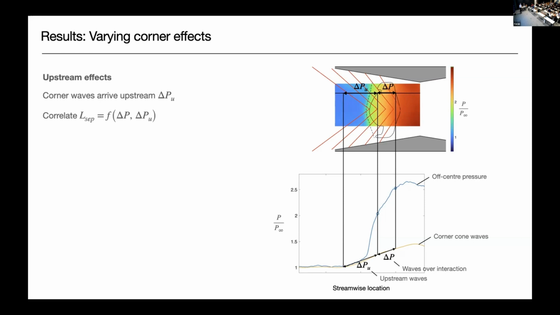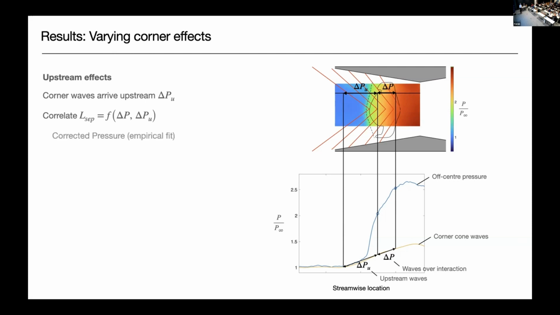Is there some dependency? Well, to consider that, we correlate separation length to both of these pressure rises. Now, I'm not going to go into too much detail on that because you have two parameters, and you have some kind of surface that you're trying to fit.